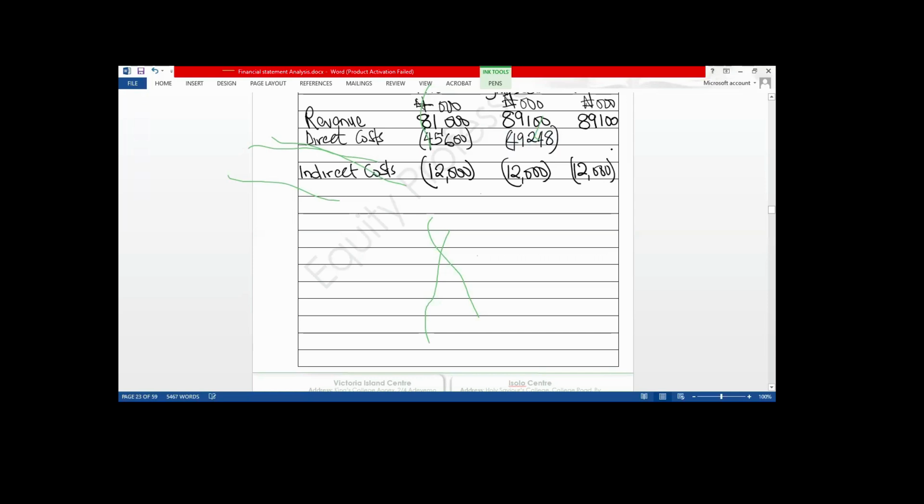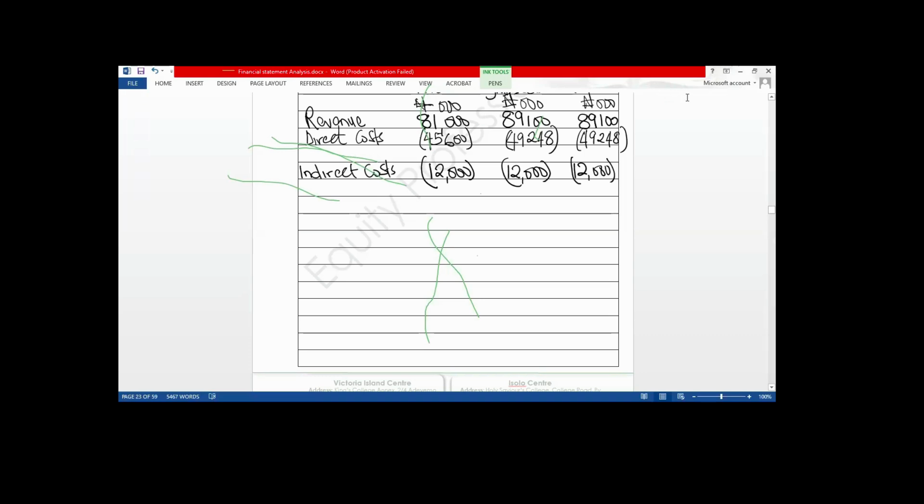Direct cost will increase by 8%. Whether we finance the project with rights issue or with debt, direct cost will increase by 8%. You observe that we are preparing the statement simultaneously. You have to take a smart approach in exam.